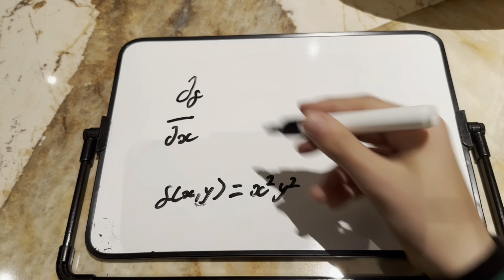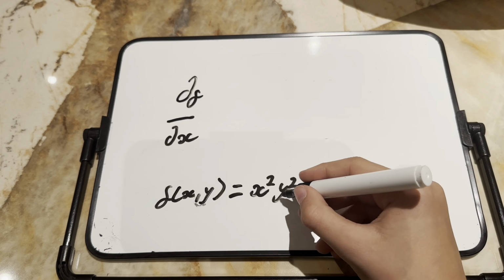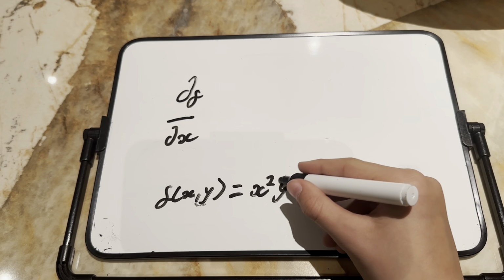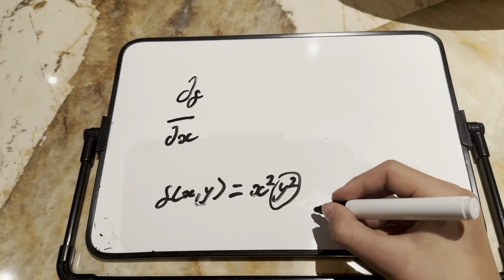All this is really asking us to do, since it's with respect to x, is to think of y to any power, this whole part of the function, as a constant.